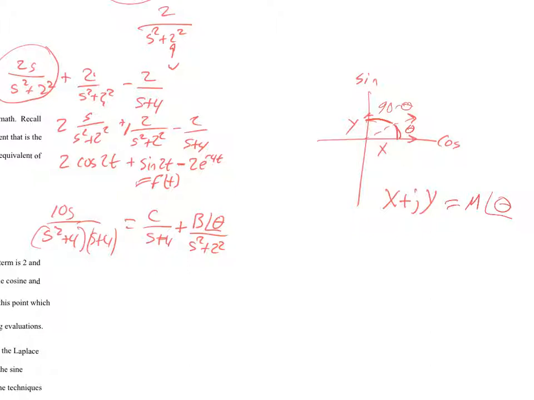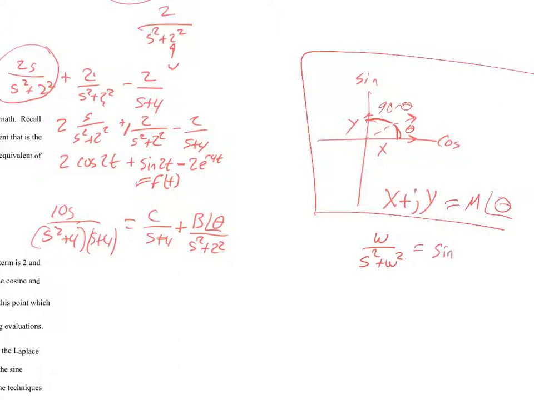So let's go back again. Keep this in the back of your mind. This part is important for us. Do you remember omega over s squared plus omega squared? What does that look like in the tables? What is that in the time domain? Sine of omega t, right?